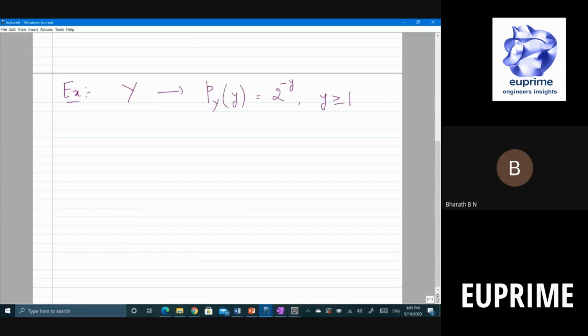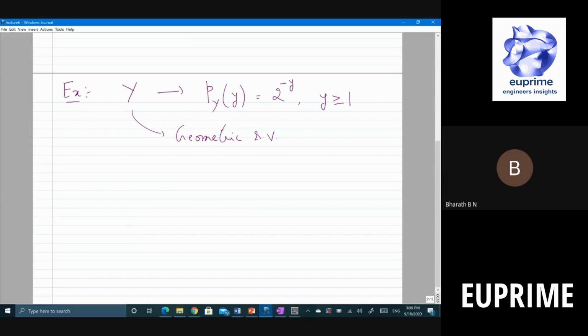Is this clear? This is the probability distribution. What is this called? This is called a geometric random variable. These are names. So you know what a geometric random variable is: the probability distribution is 2 to the power minus y for y greater than or equal to 1.